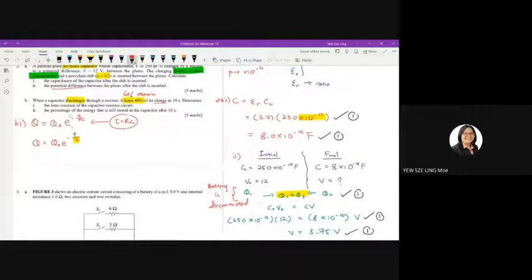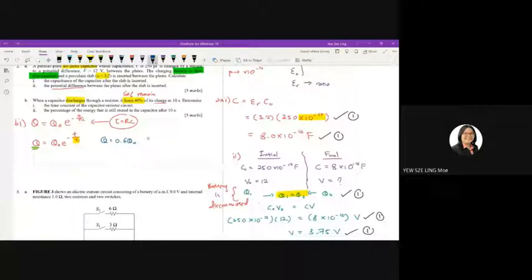So what we need to do is determine the value for Q. What is the meaning of this Q? Q means the charge remaining in the capacitor. So Q here is actually equal to 0.6 Q naught, not 0.4.